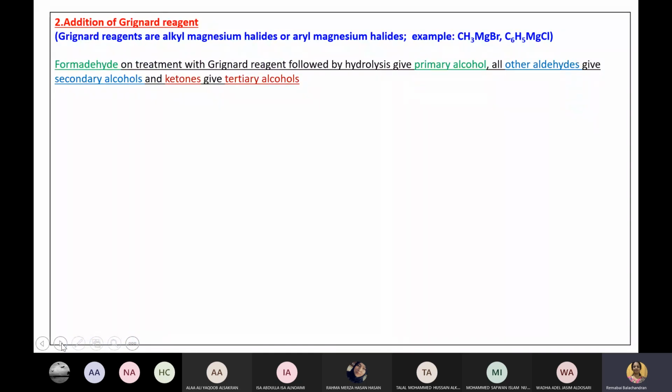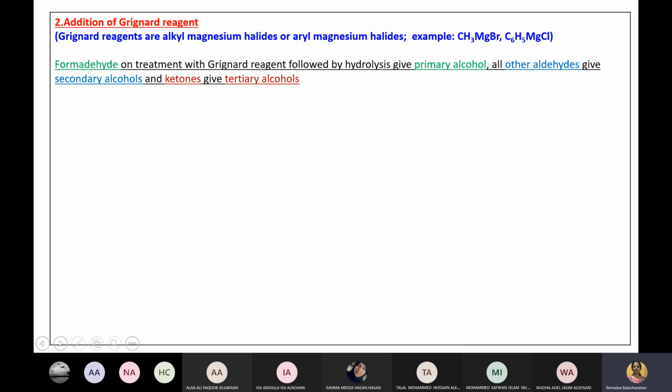Now the next one is also an easy reaction, but it's a new reaction for you. The same reaction is given in the next lesson also: organic compounds to carboxylic acids. First of all, a reaction with Grignard reagent. I wrote what Grignard reagents are.